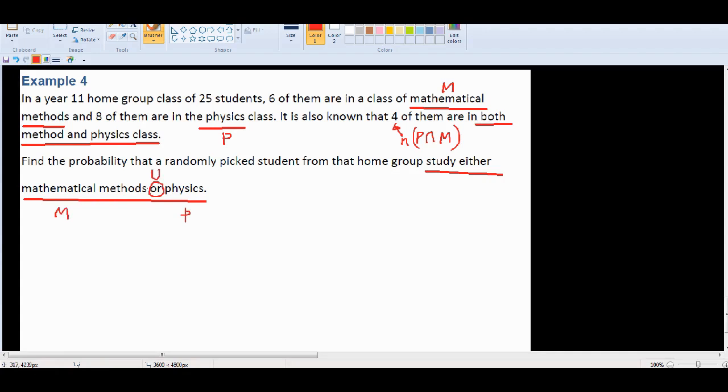You are going to find the probability of a union of two events. And of course they are not mutually exclusive. You can study both methods and physics like some of my students are doing. So they are not mutually exclusive, so you are going to use this rule.